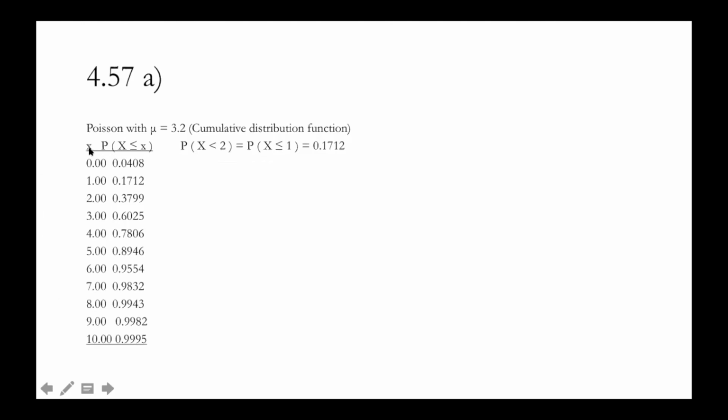So here I used this function. I calculated the cumulative distribution for this exercise. So I just simply plugged in different x values, used this formula, and I received this cumulative distribution function. So the probability that x will be 1 or lower than 1 is then equal to this number here.